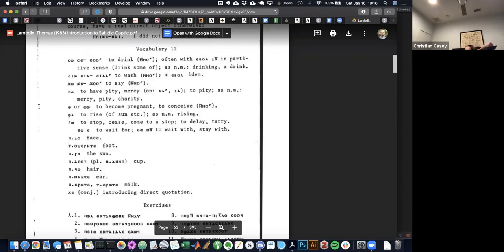But then there are verbs like kote, which can mean to turn, basically is its core meaning, but it can also mean to return. So you can say I turned myself back towards home, or you can say I returned home, or you could say I turned the object. So you can put an object on it.